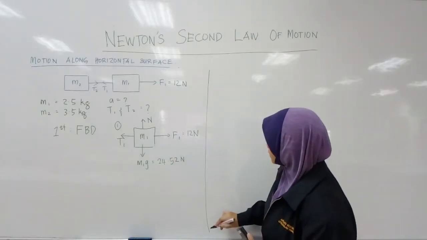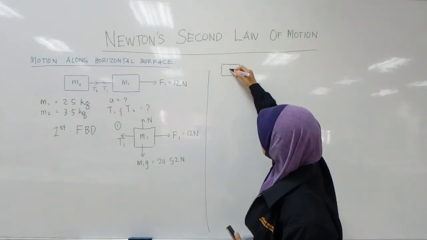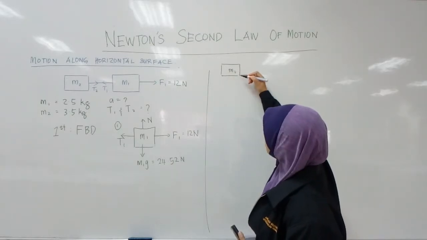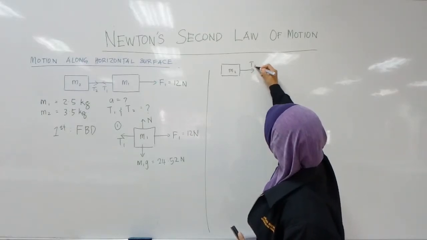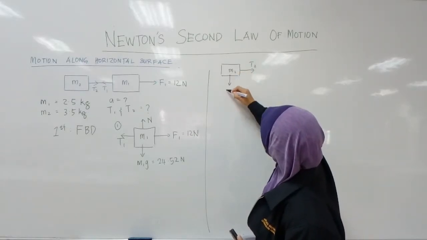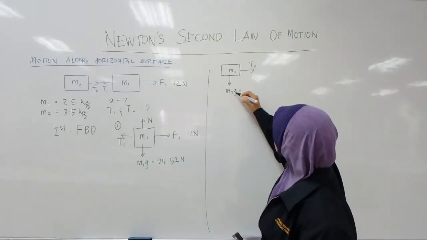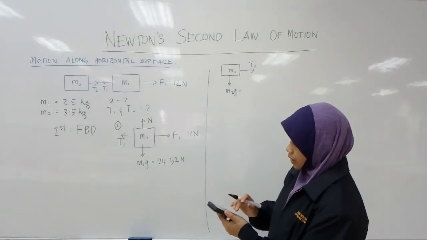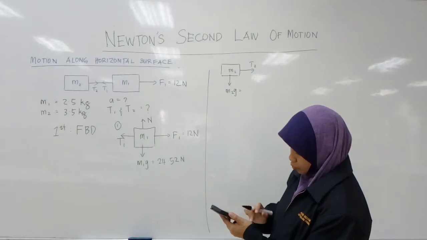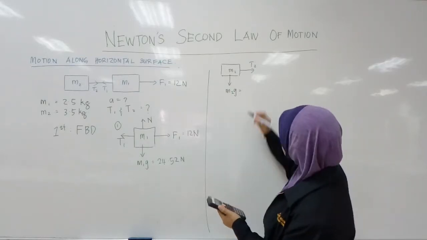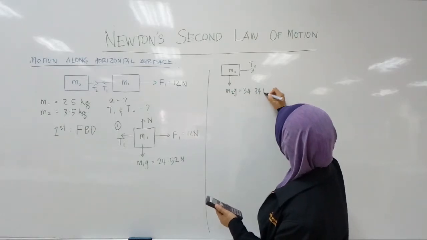Alright, and then look at the FBD for object 2, M2. This is the tension of the string T2, and this is the gravitational force M2g, where the value is 3.5 times 9.81, which is 34.34 Newton.